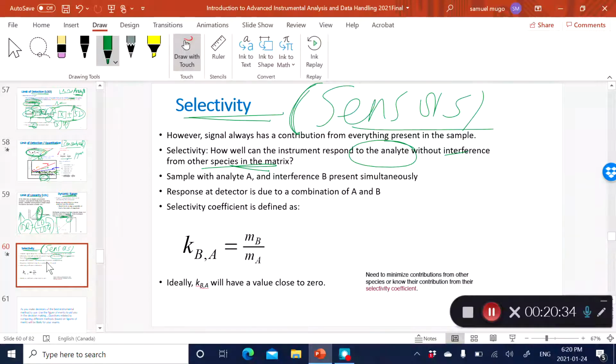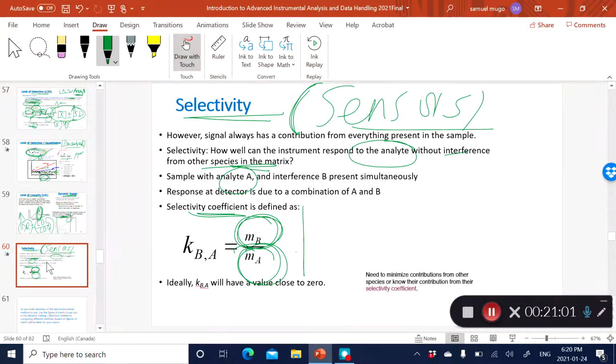And so essentially, you want your sensors, for example, to be completely blind to the matrices, but very selective to the analyte of interest. You calculate selectivity using what you refer to as the selectivity coefficient, which is the response of the matrix divided by the response, or the sensitivity in this case, of the analyte.